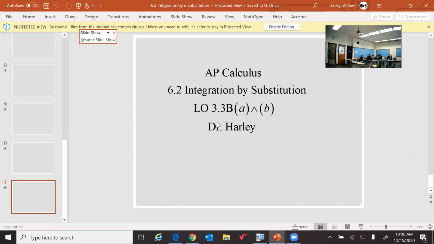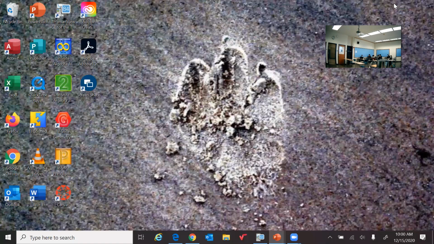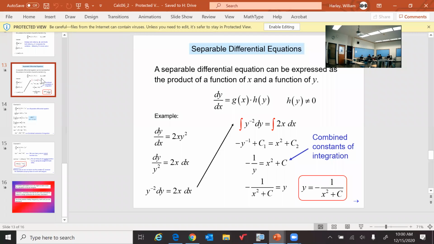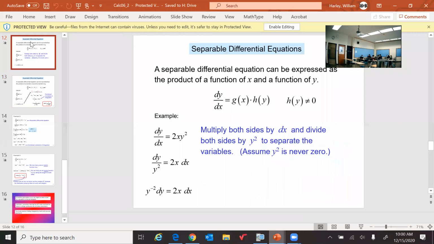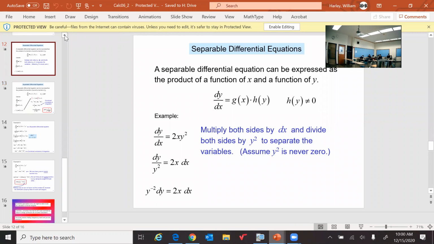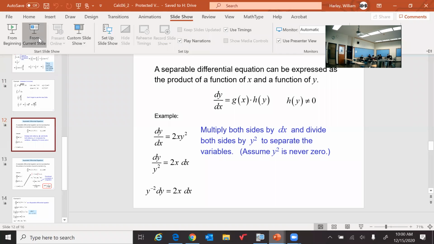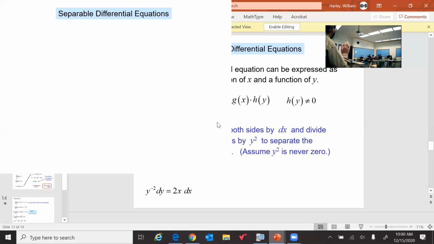Next thing. This is not on the quiz. However, it's in your book in 6.5.